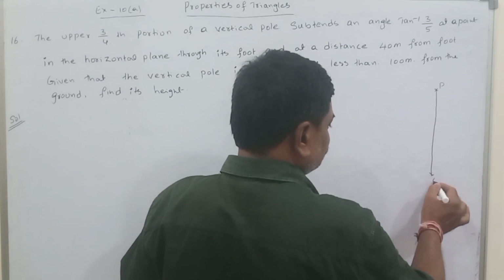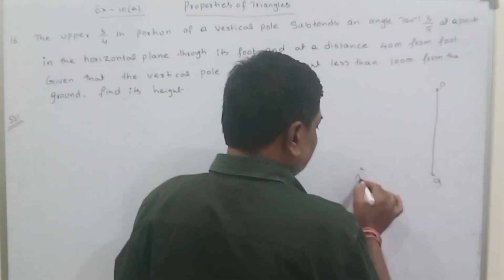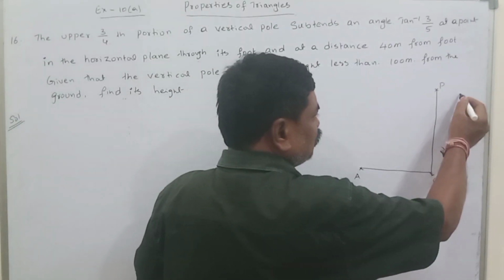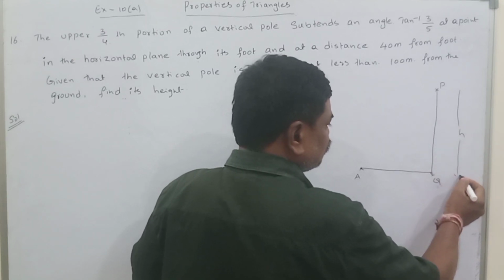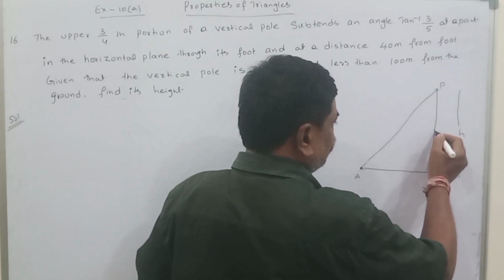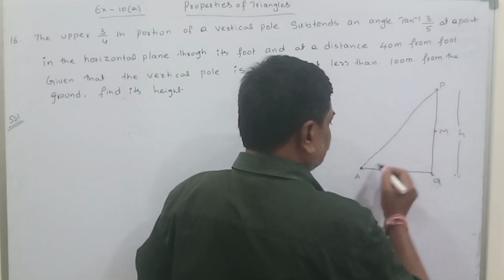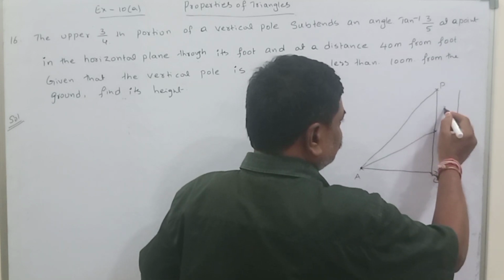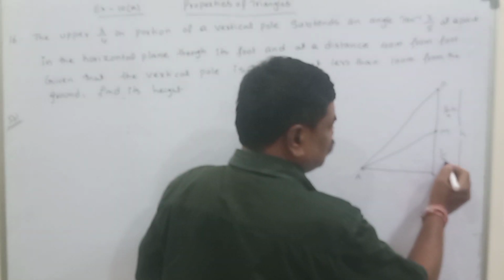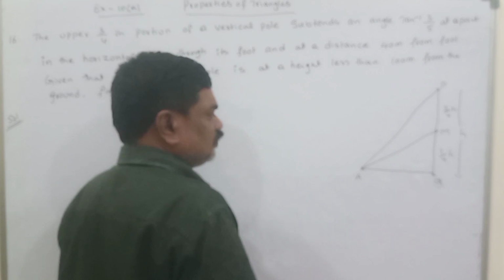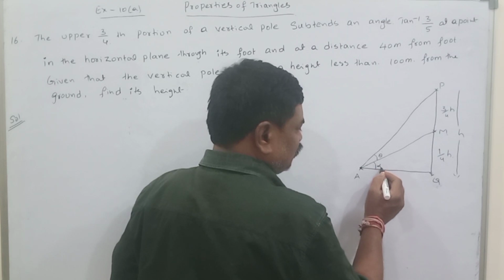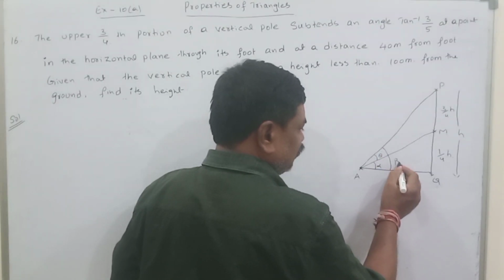PQ is the pole and point A is the observer point and the height of the pole is H. So, this is the observer point and this is the point M. Okay, this is 3 by 4th of the pole. This is 1 by 4th of the H. This angle subtended is theta. This angle is alpha. This total angle is beta.